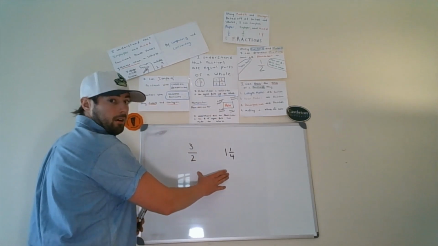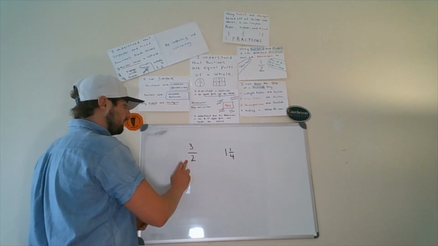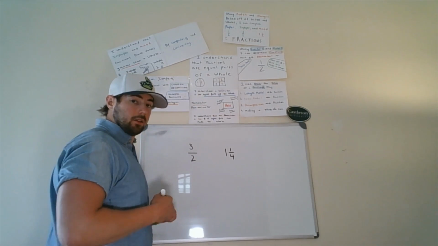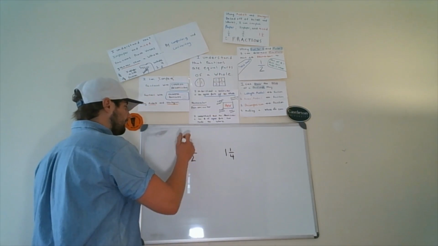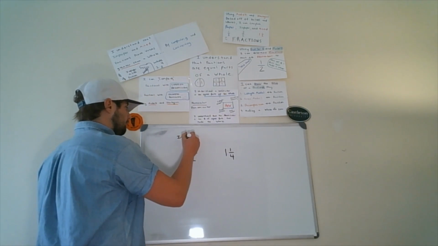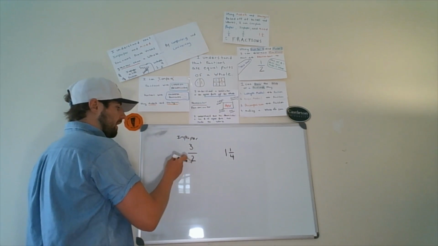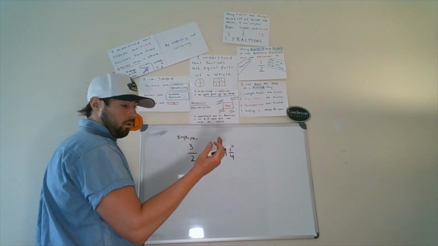So comparing 3/2 to 1 and 1/4. Right away, I need to recognize that 3/2 is an improper fraction. It has a numerator greater than its denominator, so I know it is greater than a whole.